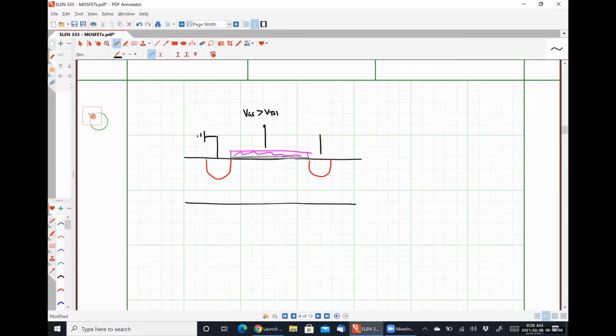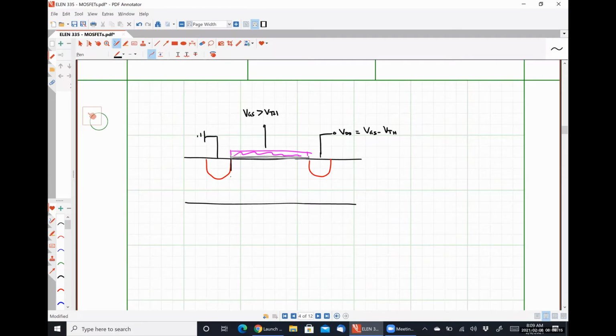But now we're going to say that VDS is exactly equal to VGS minus VTH.